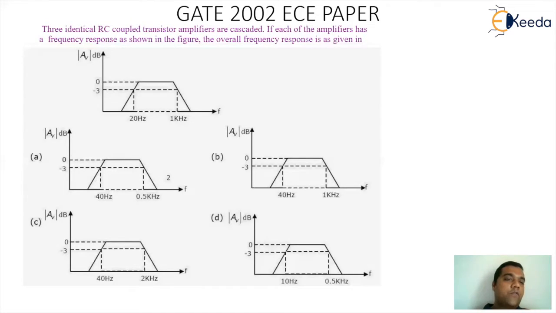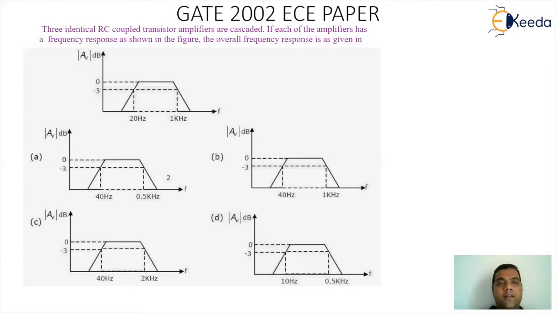Now we are left with option A and option D. In option A and option D, we need to understand what happens with the lower frequency. The lower cutoff frequency will increase in value when we talk about multi-staging, and the higher cutoff frequency will decrease in value.